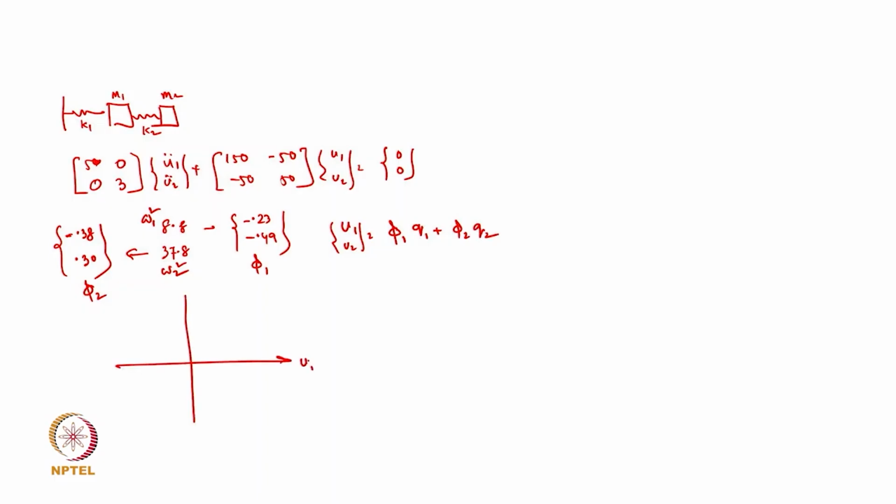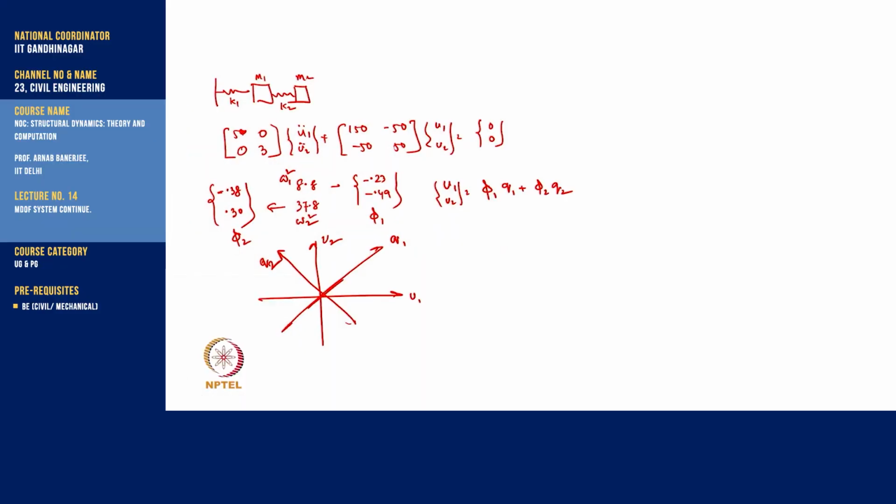Let's assume this is my u1 axis, this is my u2 axis. So we are revolving somewhat, this is the q1 axis, this is the q2 axis, and we are measuring the motion in these axes, and then transferring it back to u1, u2, and we see how the responses are coming.